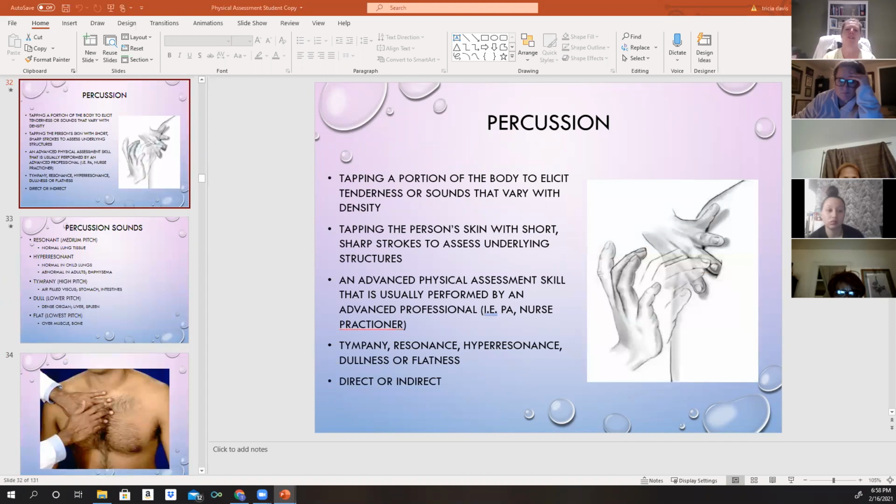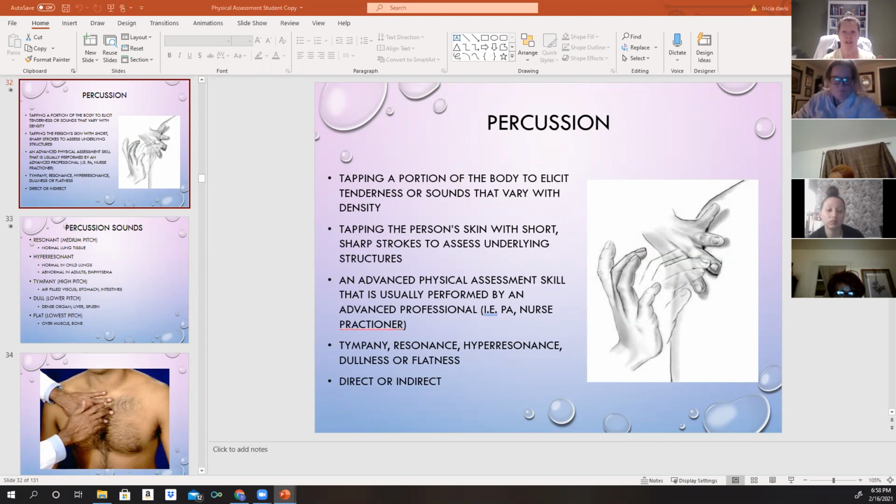So percussion is when you are tapping a portion of the body to elicit tenderness or sounds that are going to vary with density. So you tap the person's skin with short, sharp strokes to assess those underlying structures like the pancreas or the kidneys or the bowels.